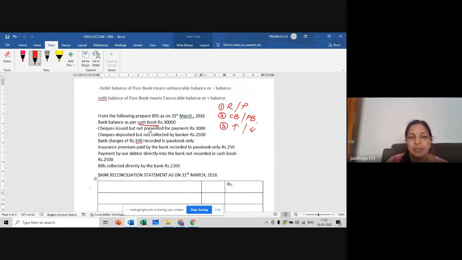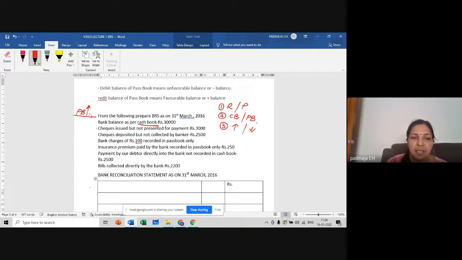Okay, guys. Now, see, bank balance as per cash book is given. So, this is the book available with us. Whatever changes we can make, we can make only to this particular book which is given to us. So write aside passbook. This is not available with us. See, if there is an increase in passbook, what do we have to do in cash book? We have to increase the balance.